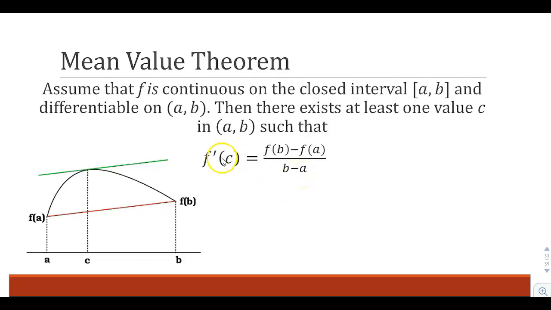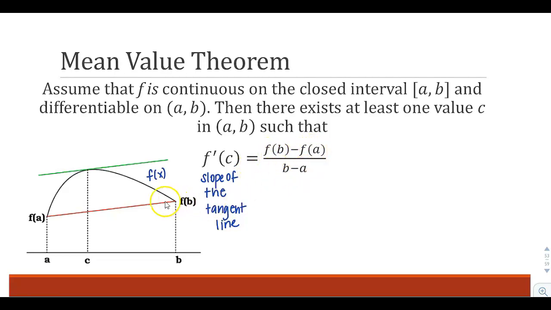So what we're going to go ahead and do is break this down. Over here I have an example. Here's f of x, which is continuous on the closed interval and differentiable on the open interval. And what the conclusion says is that there is some place where the derivative at c, remember what that means, the slope of the tangent line, is equal to f of b minus f of a over b minus a.